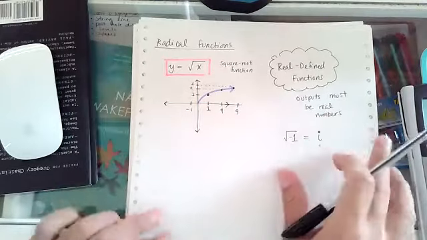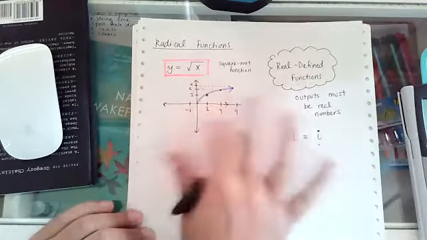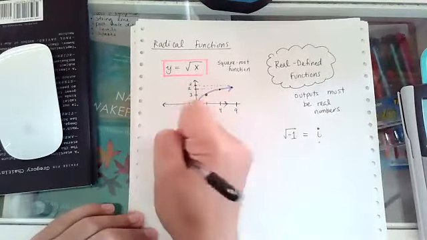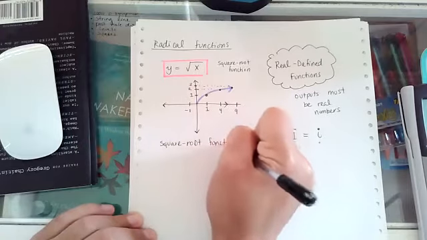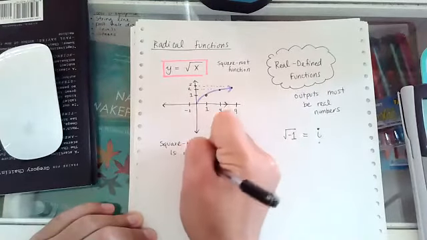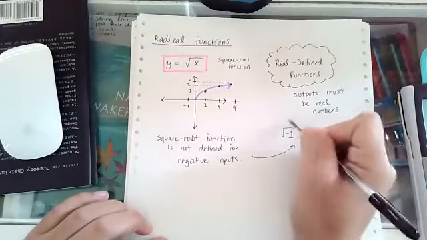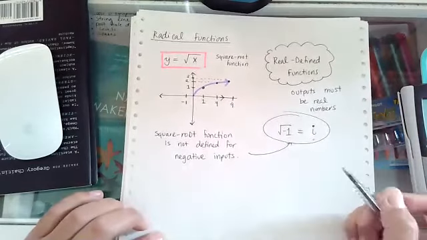And for simplicity's sake, we're just going to worry about this 2D chart. So we're going to say that the square root function is not defined for negative inputs because they produce imaginary numbers.